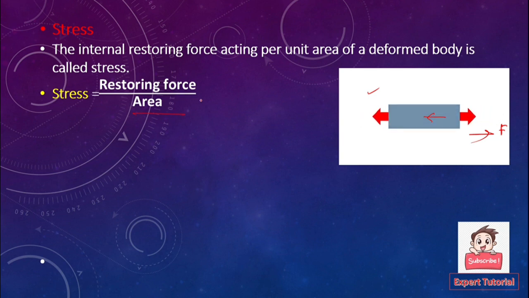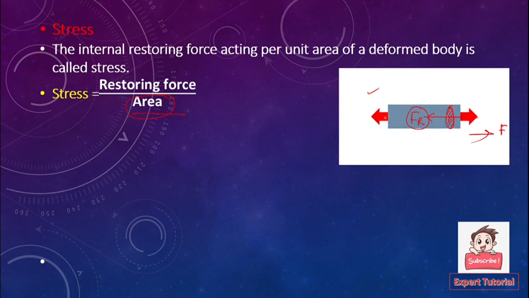But which area will I take? Basically, this area is the cross-sectional area. So I have applied a force on this cross-sectional area. I'm pulling this body along it, so there develops another force in the opposite direction.